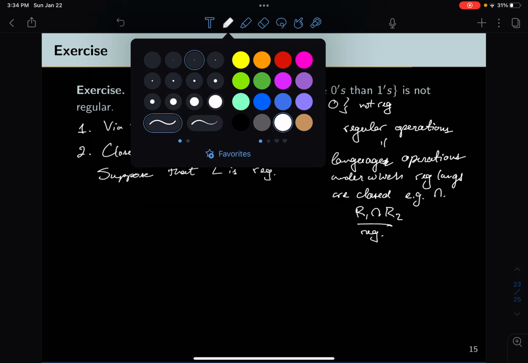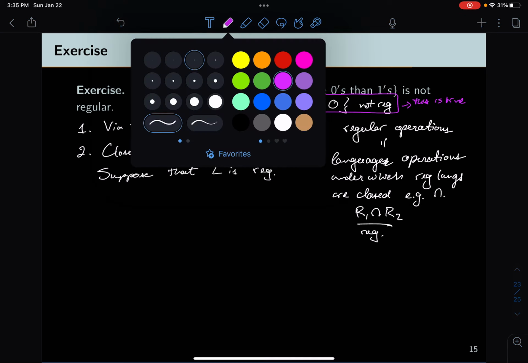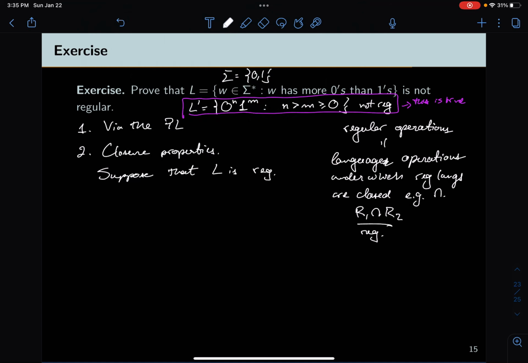For this video, we assume this is true, because we've already proved it. So we want to apply operations to the initial language L to get L'.